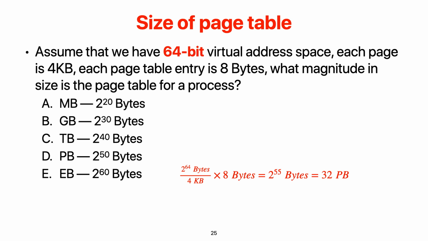Each entry requires 8 bytes, so we need a total of 2 to the 55 bytes, equivalent to 32 petabytes. So the answer is that we need petabyte-scale page tables for each process. Just one process would take this many.